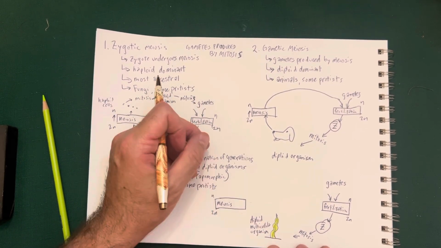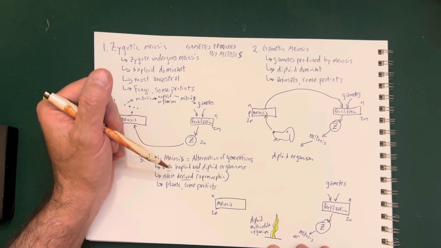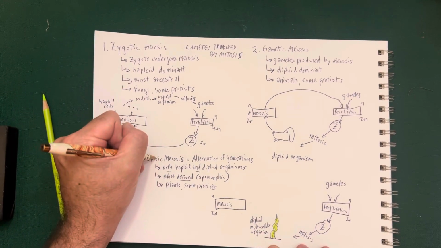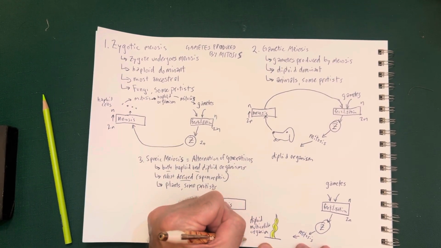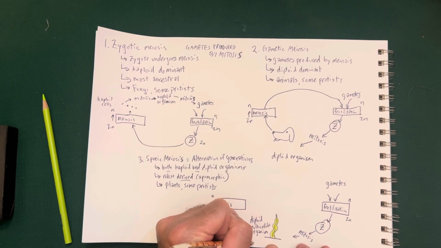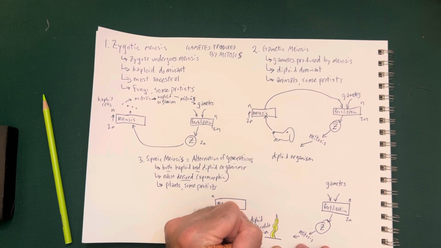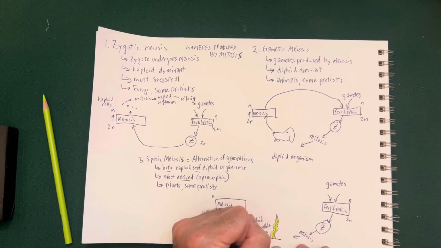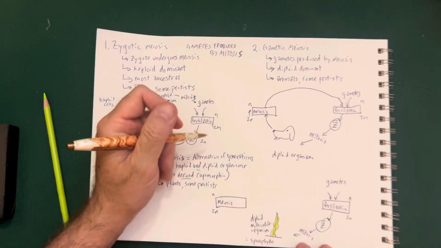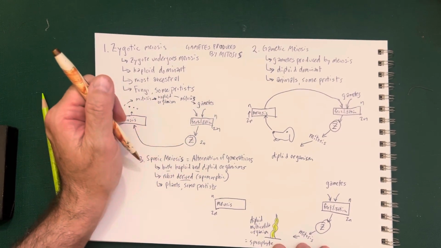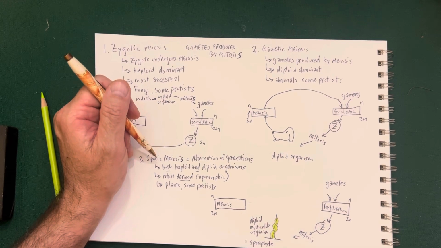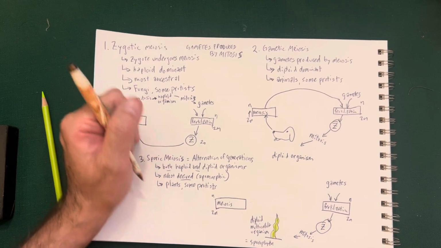And typically in organisms that have sporic meiosis, we call this diploid multicellular organism the sporophyte, because its job is to produce the spores. The spores are what put the spore in sporic meiosis.